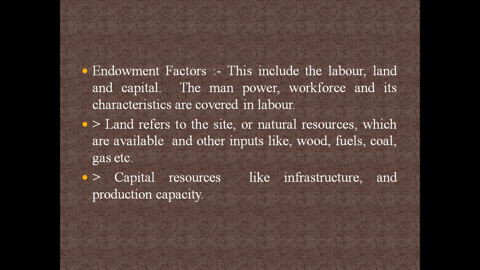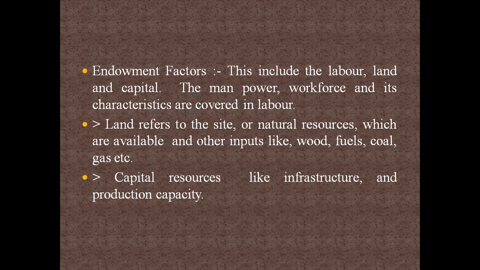Coming to the land, it refers to the real site or natural resources which are available and other inputs like raw materials, where wood, fuels, coal, petroleum, gas, iron ore, or manganese, aluminum, bauxite, and the like will be covered.